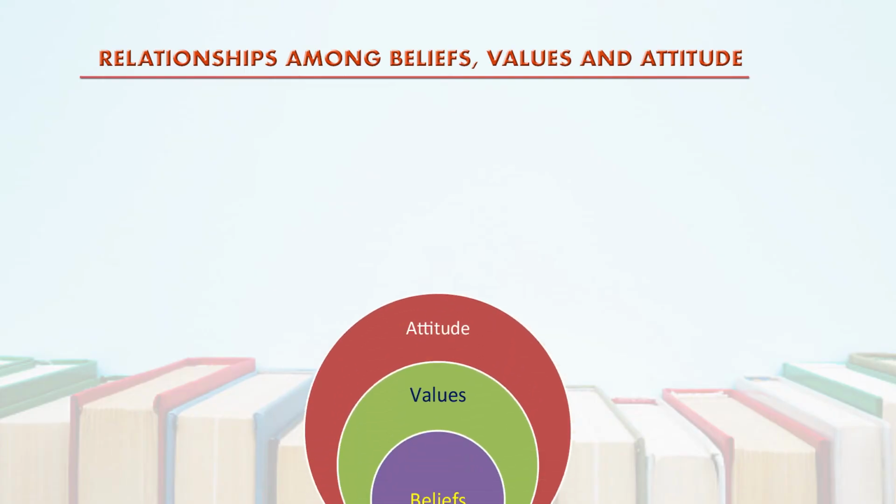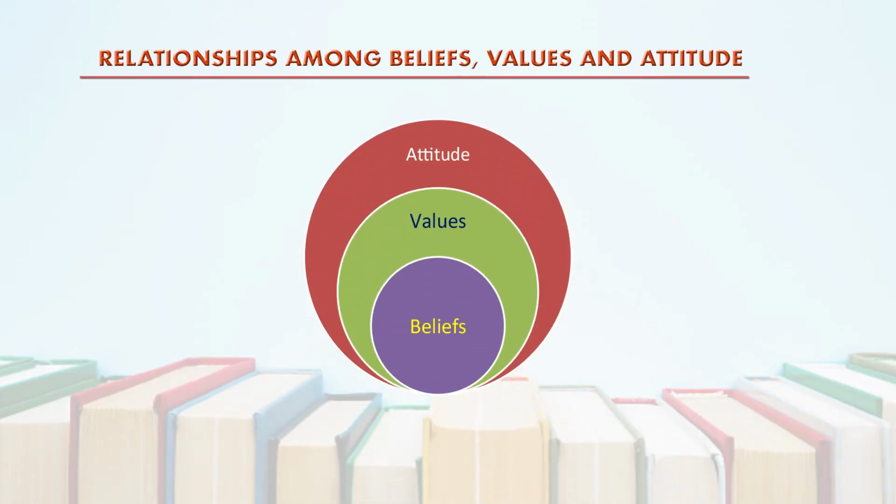So, friends, these are some of the characteristics of attitude, and now let me establish a type of relationship among three different attributes or aspects. They are called beliefs, values and attitude. How are beliefs, values and attitudes interlinked with each other?